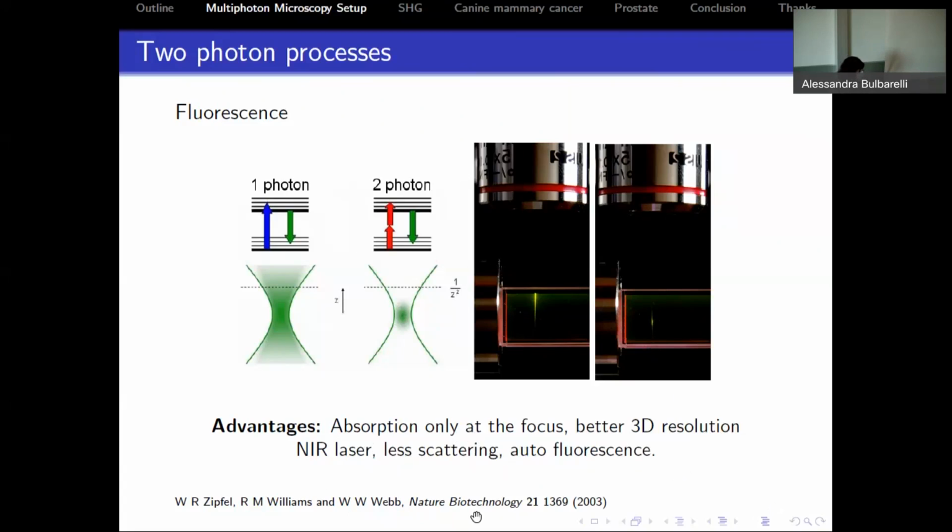And these processes started to be used quite a lot for in vivo imaging and biological tissues since around the 2000s, when these femtosecond lasers started to be more commercially available and more used from other fields, besides just physics labs.